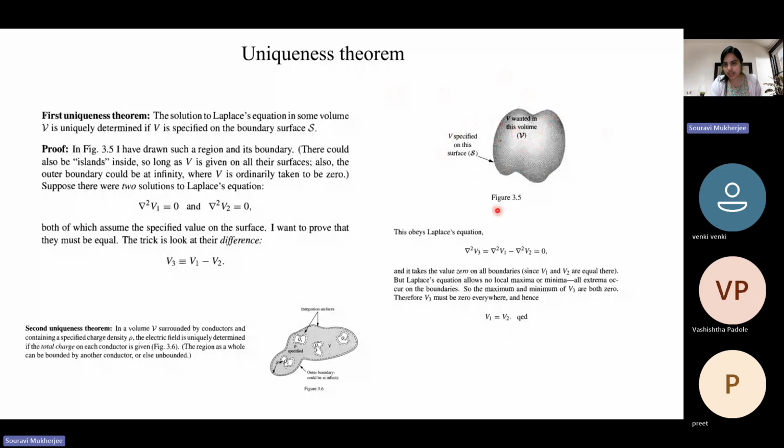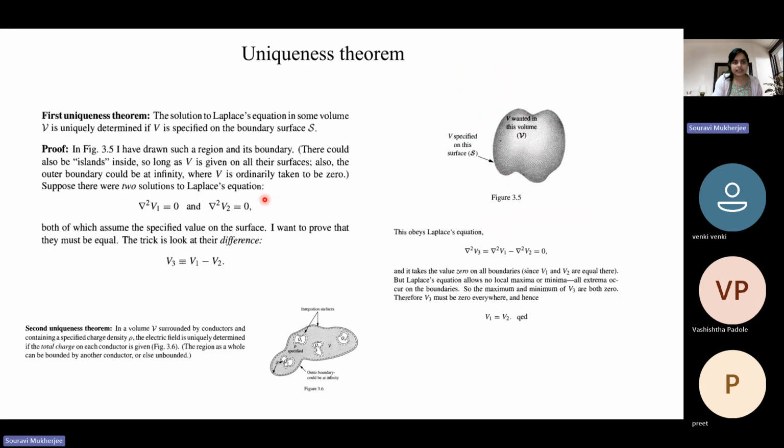So if you change the charge distributions in this region in a way that the potential specified on the surface does not change, you do all kinds of changes here, but that does not change the potential on the surface enclosing the volume, then the potential inside this volume will remain still the same. Okay. What is the proof of this theorem?